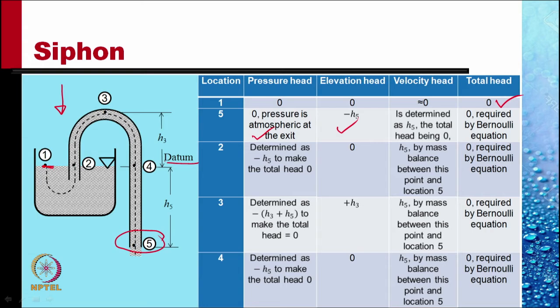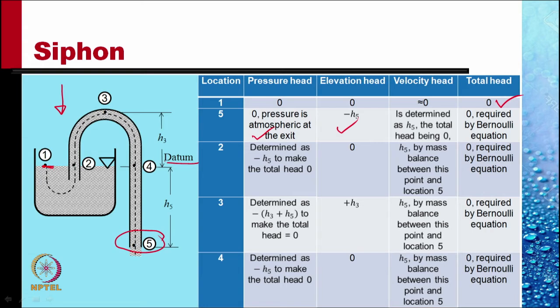And the velocity head simply would be what? h5, because the elevation head is minus h5, the total head is 0, so the velocity head must be h5. As long as point 5 is below point 1 and the siphon tube is running full, there would be a positive velocity at h5 downwards.